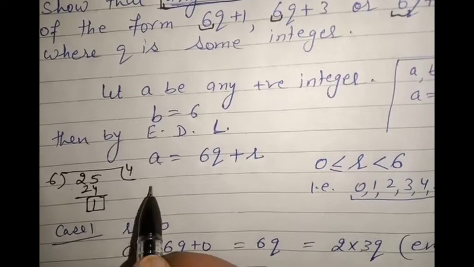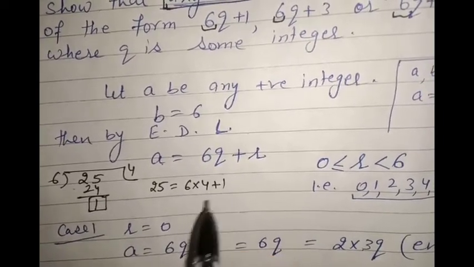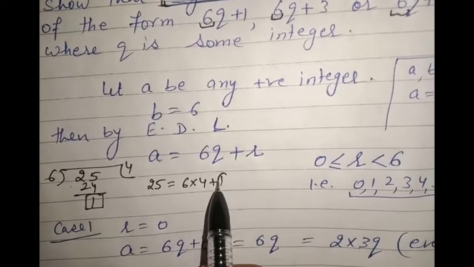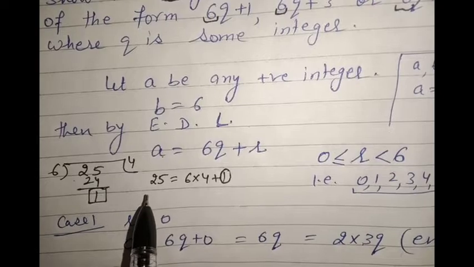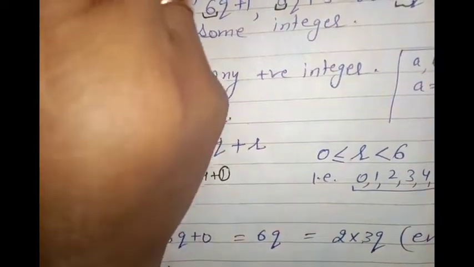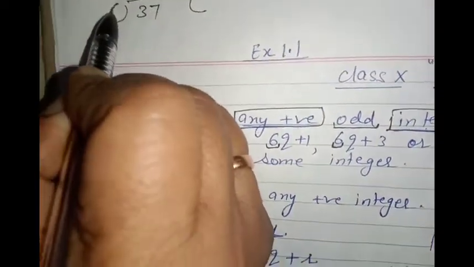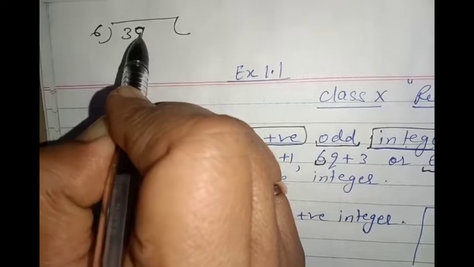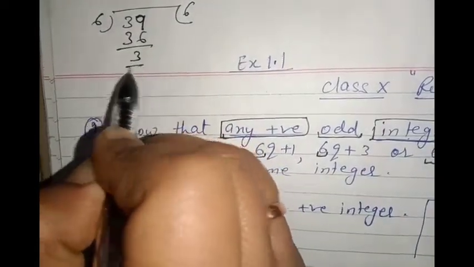So 25 can be written as 6 into 4 plus 1. This is the remainder, an odd number. Take any other number, say 39. 6 sixes are 36. What is the remainder? 3.